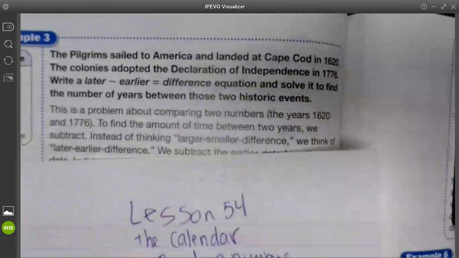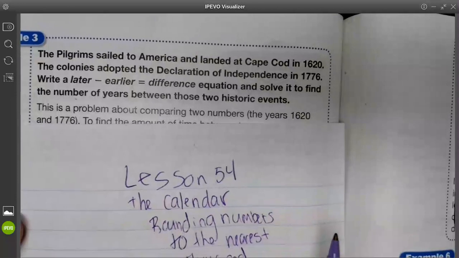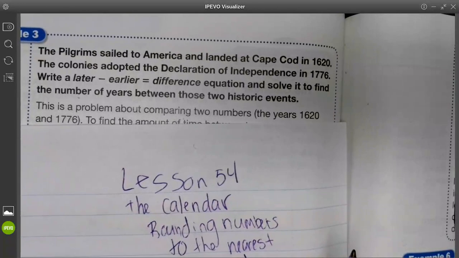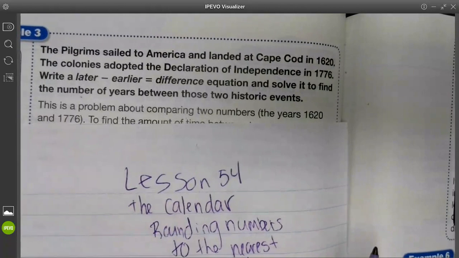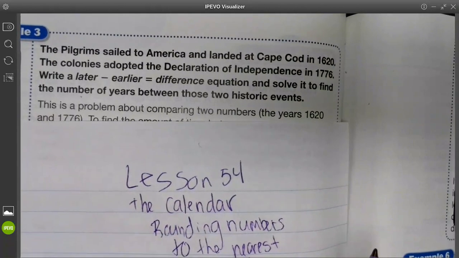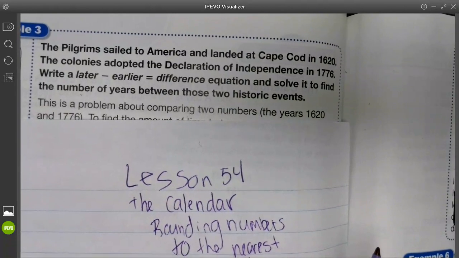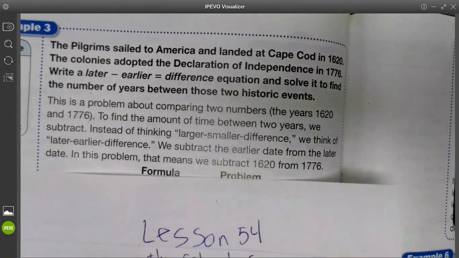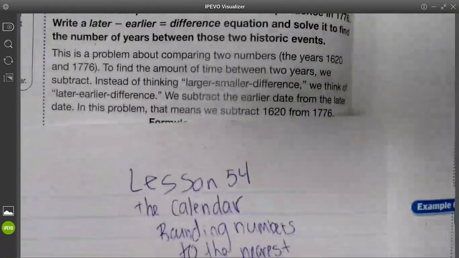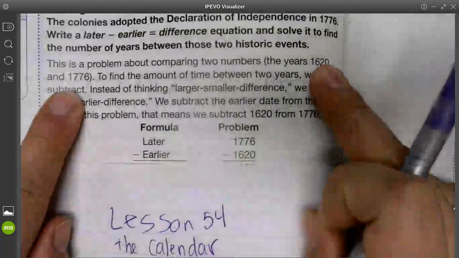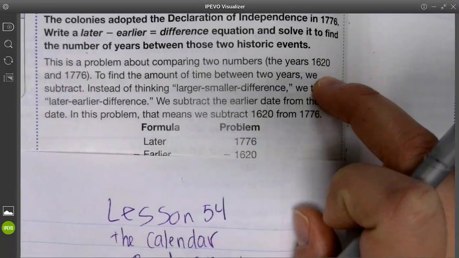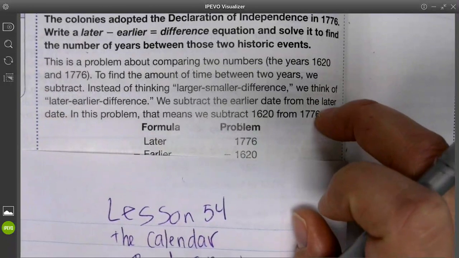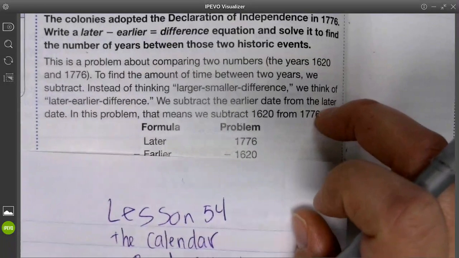All right, the Pilgrims sailed to America, landed at Cape Cod in 1620. The colonies adopted the Declaration of Independence in 1776. Write a later minus earlier difference equation and solve it to find the number of years between those two historic events. So the problem is comparing 2 years, 1620 and 1776. To find that difference means subtract, right? We think later minus earlier, right?